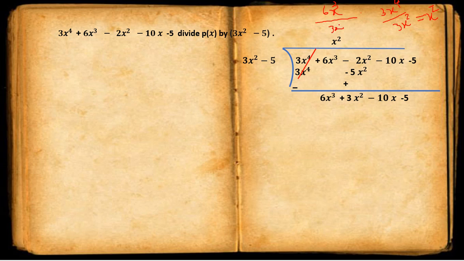The coefficient of the variable x here is 6 divided by 3, that is 2, and 3 minus 2 is 1, so 1x will be there. So 2x is the term which we have to multiply with 3x square to get 6x cube. So here we write plus 2x. As 6x cube is positive, the 2x term is also positive.